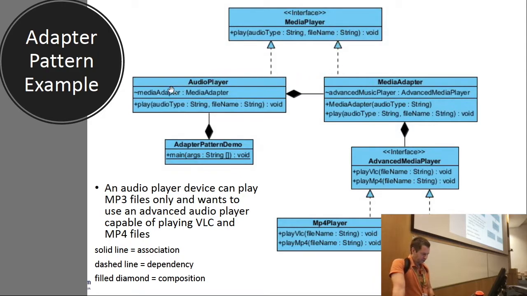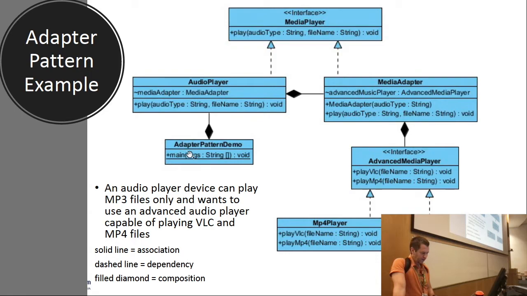It has a media adapter class, the audio player, and it overrides the play method. And here we have an advanced music player member and the media adapter handled to the media adapter, and it also overrides the play.